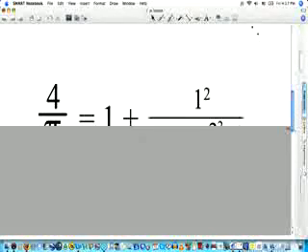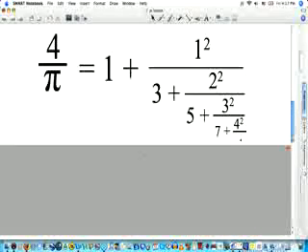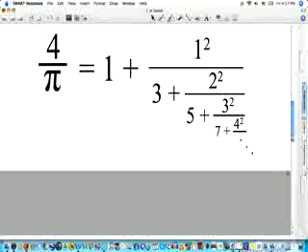And a very similar sequence is that 4 over pi is equal to 1 plus 1 squared over 3 plus 2 squared over 5 plus 3 squared over 7 plus 4 squared over, and you can see how the sequence continues. The 1, 2, 3, 4 goes on in succession, and then you have 1, 3, 5, 7, and so on.